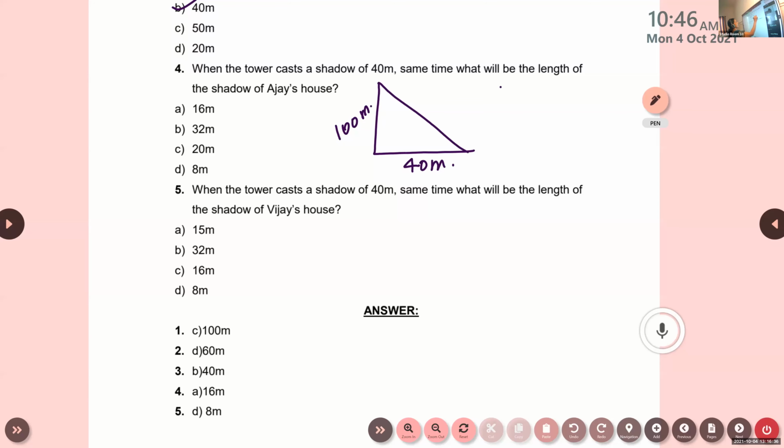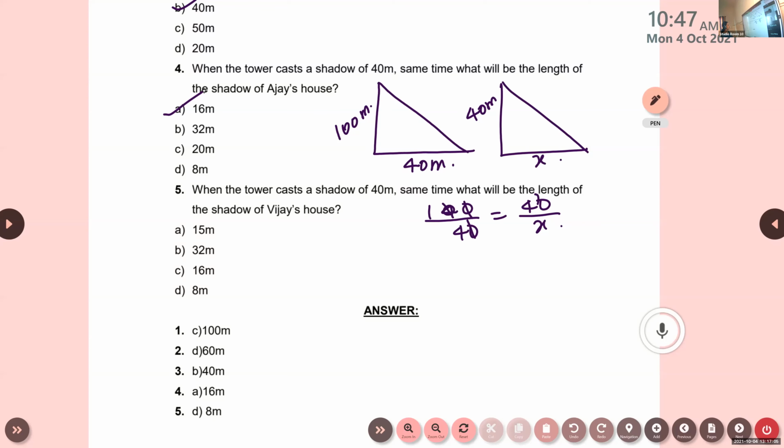At the same time, what will be the length of the shadow of Ajay's house? We calculated Ajay's house height is 40 meters. Find out the length of the shadow. 16 meters. 100 by 40 is equal to 40 by x. Zero can cancel, so x is 16.